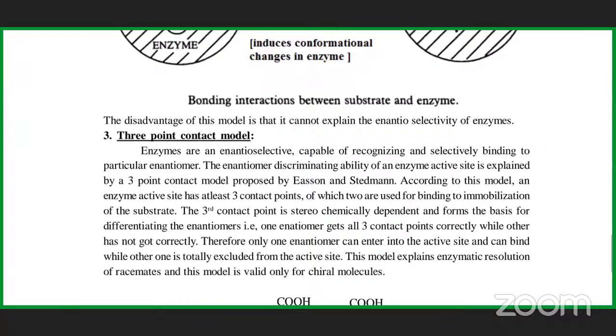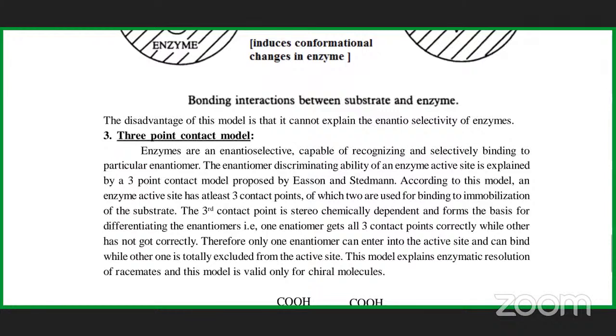For example, the enantiomers have one R configuration and another S configuration. So one will bind, while the other will not have the same kind of interaction. So they will be recognized and differentiated. The enantiomers can be differentiated with this three-point contact model.